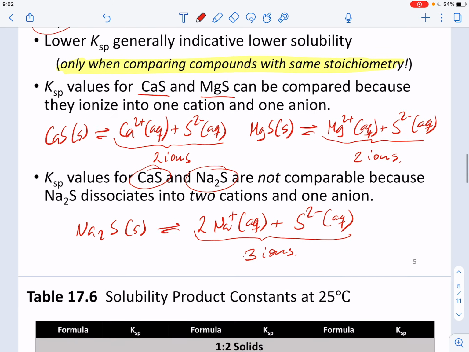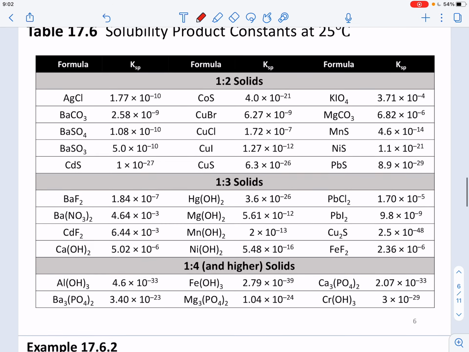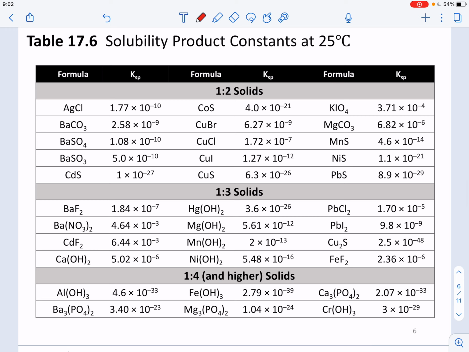Okay. So some constants that you can be using are shown here. Different values, different compounds, and I just grouped these in terms of the number of ions that you are producing in solution. For example, the first few rows here, I'm referring to those as 1:2 solids.